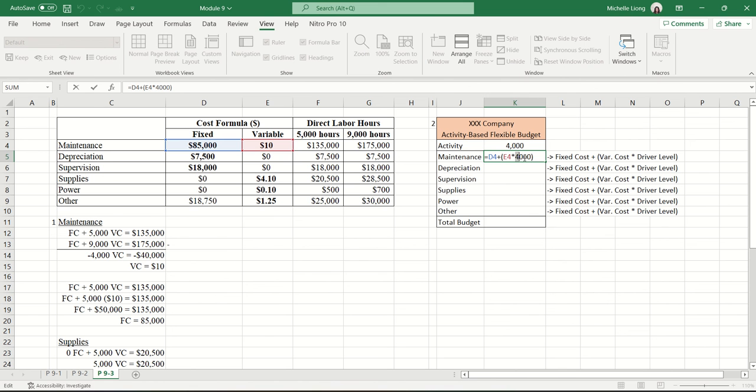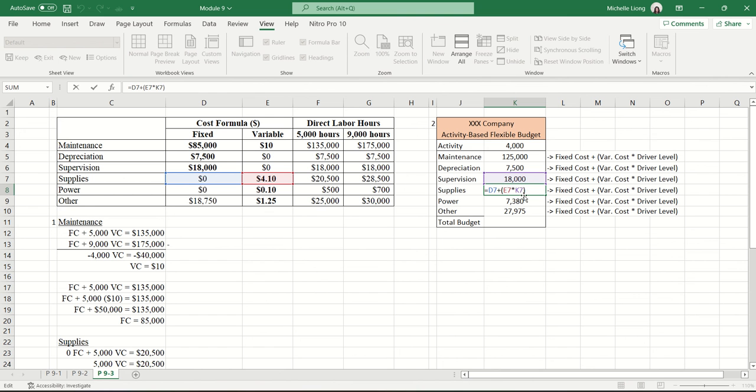I guess I'll just put it as 4,000 right here. Okay, so we can put it in the formula. Okay, and just drag it down. For this, it's still the same. Oh, sorry. For this one, the same.